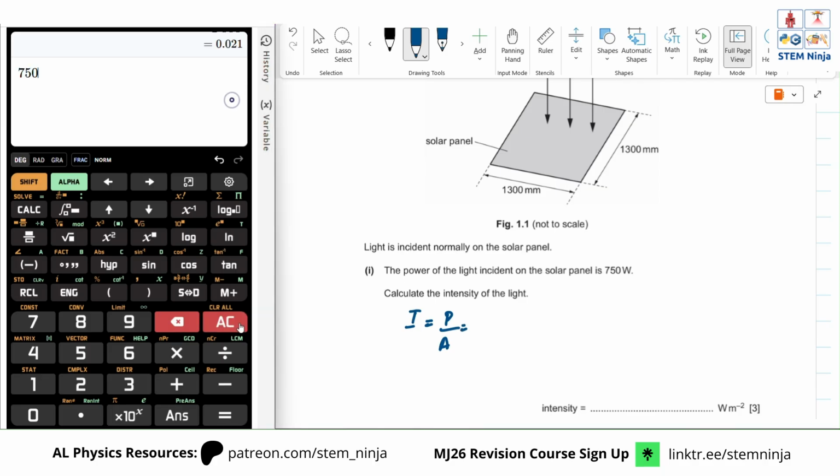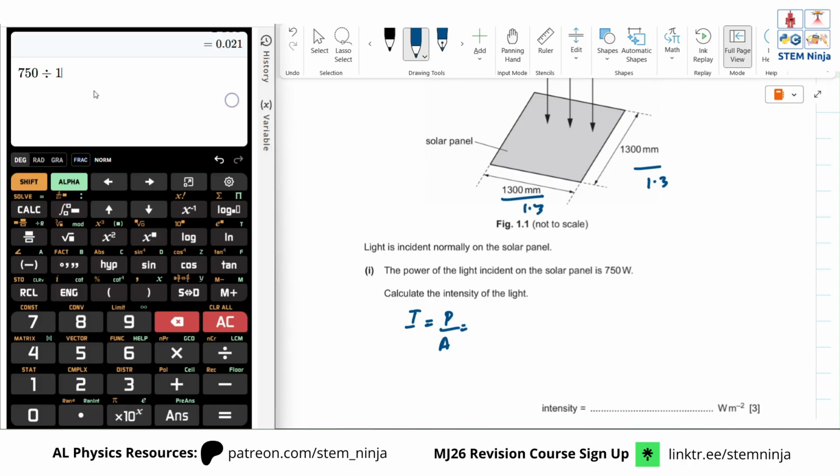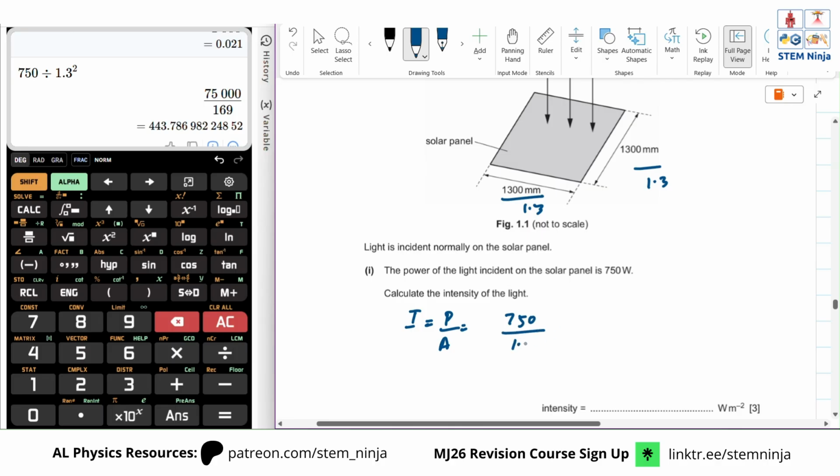So 750 divided by, now 1300 millimeter, you have to convert it into meters, so divided by 1000, this would be 1.3. So 750 divided by 1.3 squared. This is coming out to be 443.787, so roughly about 440.